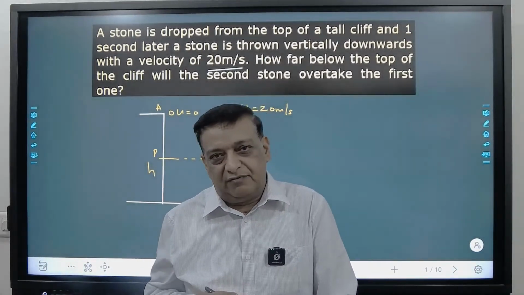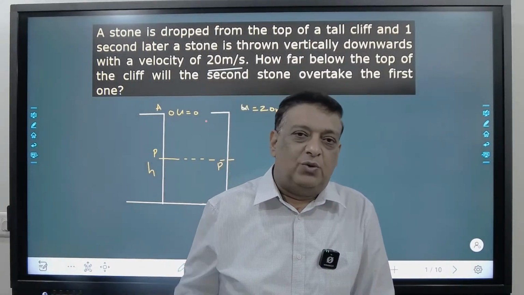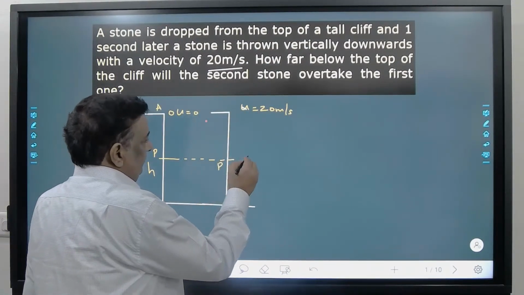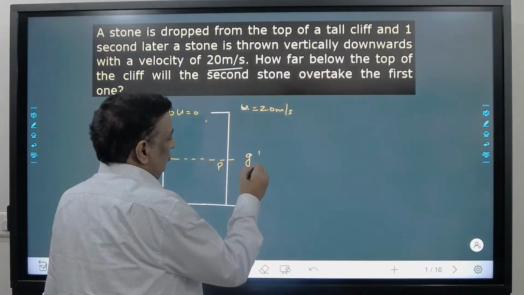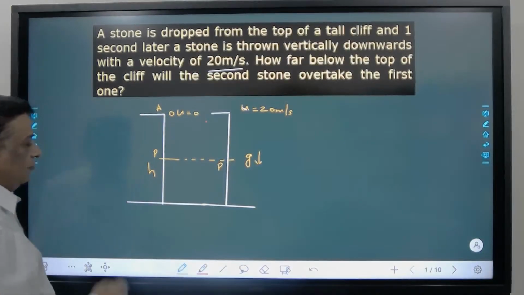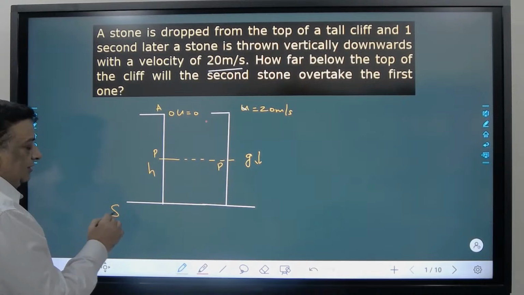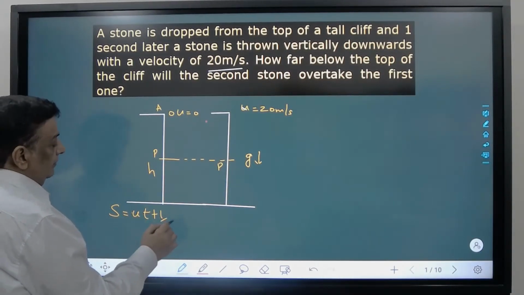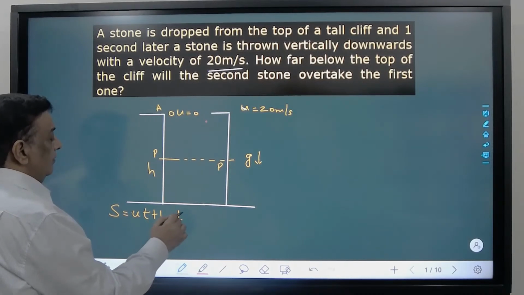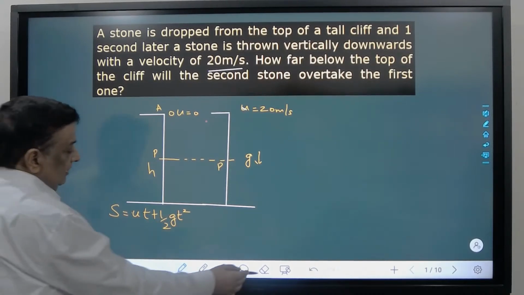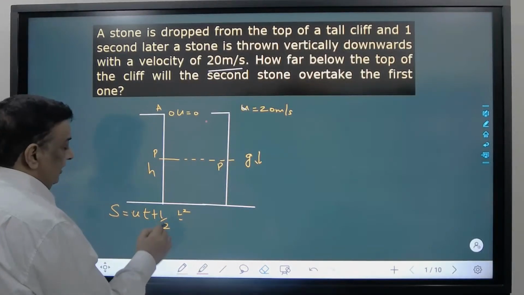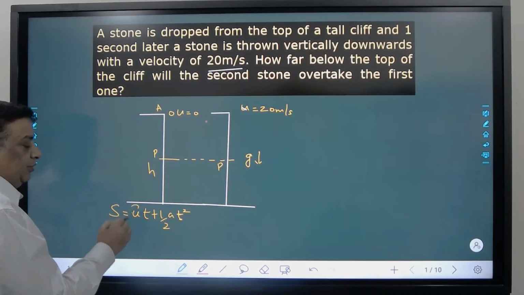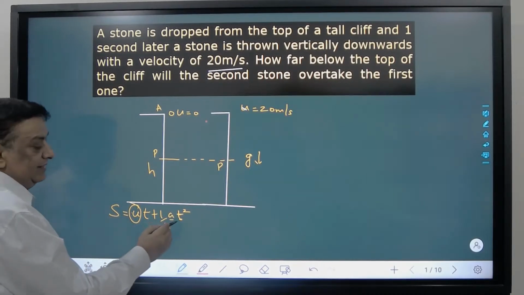Both are moving under the effect of gravity. We can assume downward direction as positive. g is positive for both the bodies. For first body, if you write the equation, s = ut + half at square, now we are given that for first body u is 0, a is g.